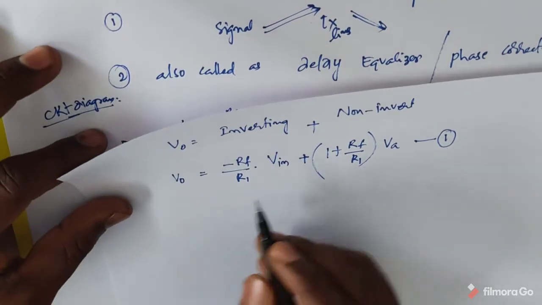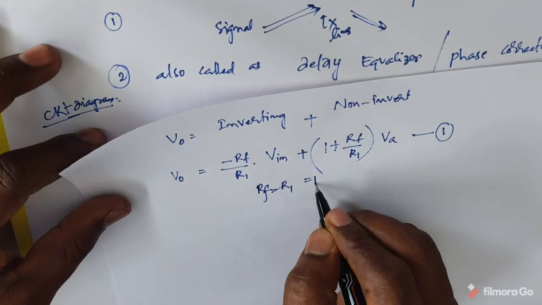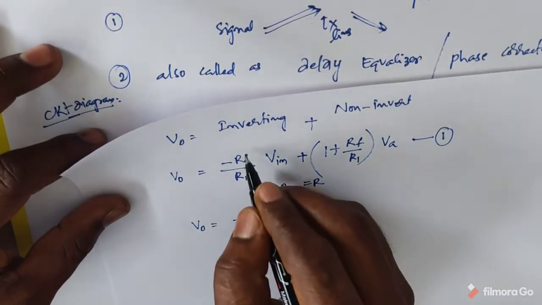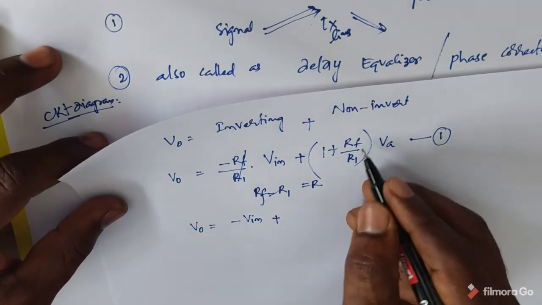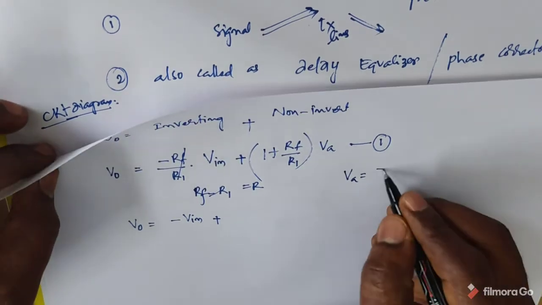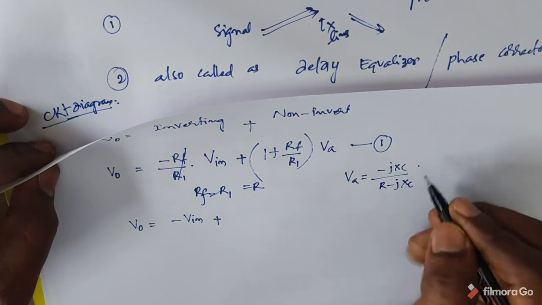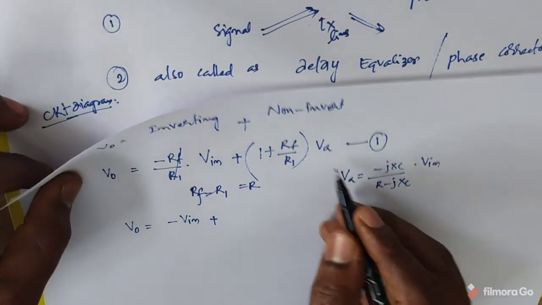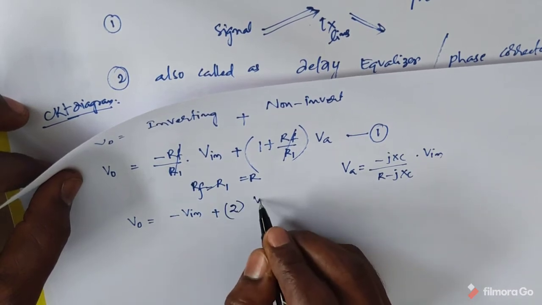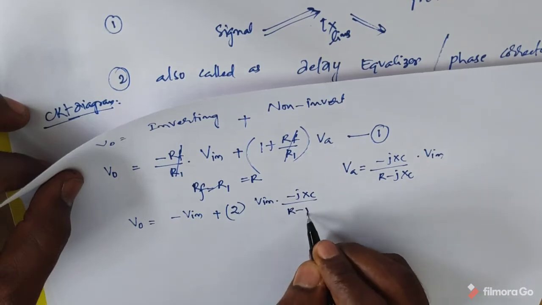In this expression, if you take Rf equal to R1 equal to R, then V0 is equal to minus Vin, both values being the same. Va can be represented as (minus jXc) by (R minus jXc) into Vin. That function is substituted here. Both values are the same, so the value is 2 into Vin into (minus jXc) by (R minus jXc).